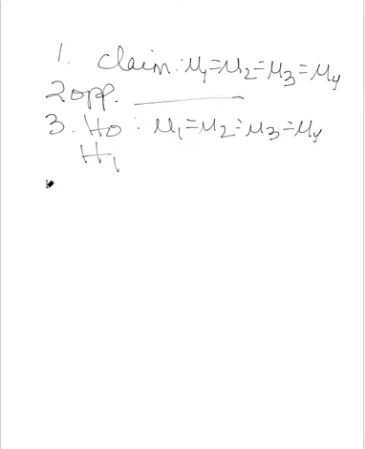Whatever you answered for number 2, you can rewrite here. Step 4, we're given an alpha of 0.05. Step 5, we are using the F-test statistic, and it's the ANOVA test.